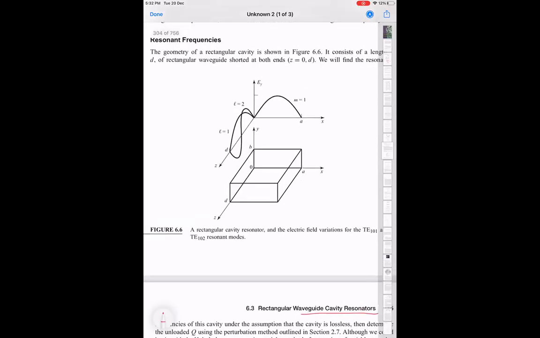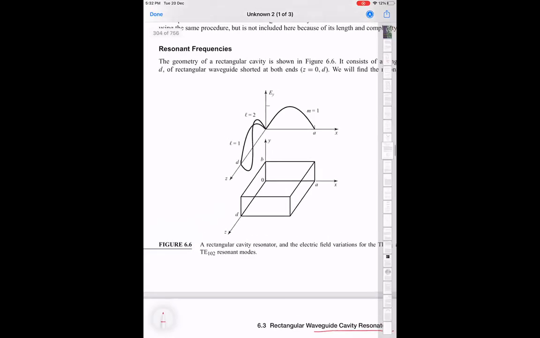So one of the standard ways of making such a system is just a space of air which is surrounded by metallic boundary conditions in a rectangle or cuboid geometry. So at the ends, the electric field has to go to zero, the parallel component.